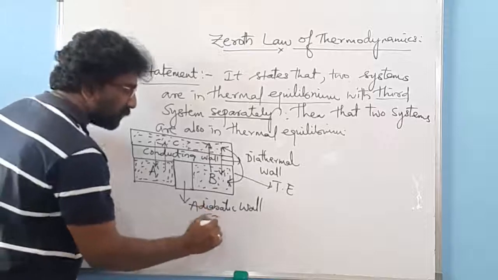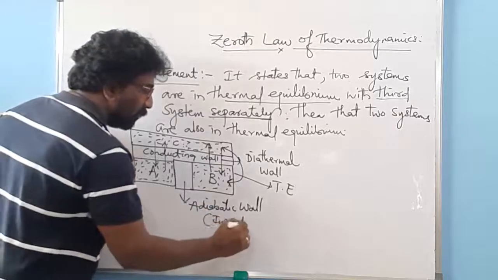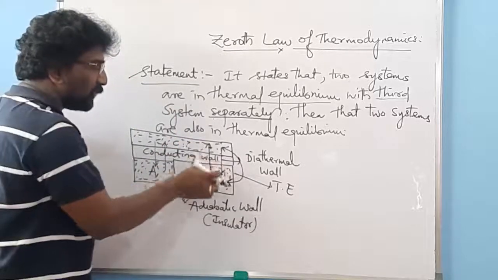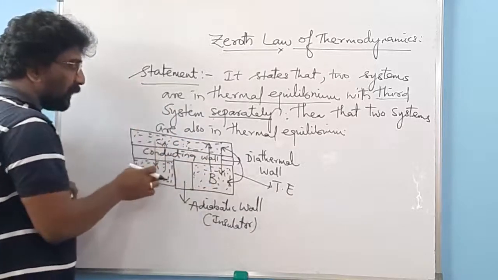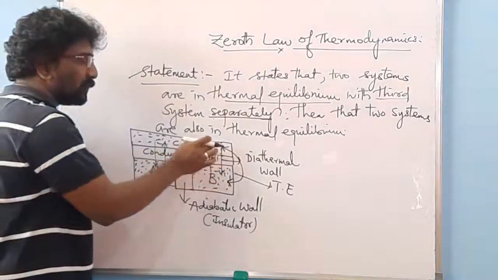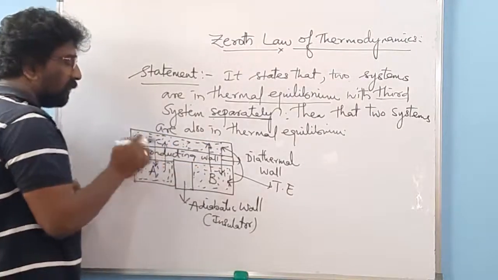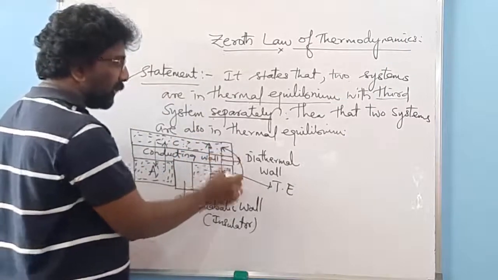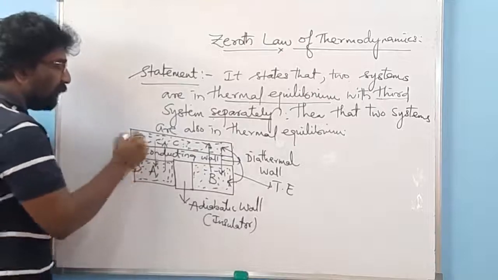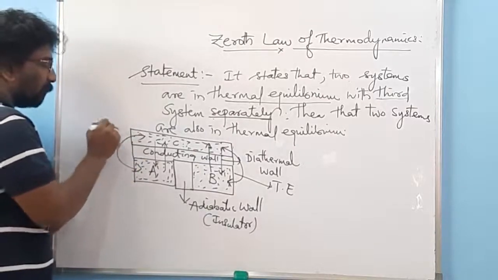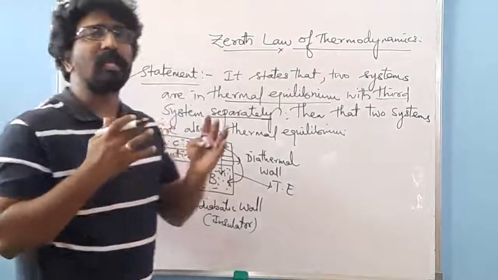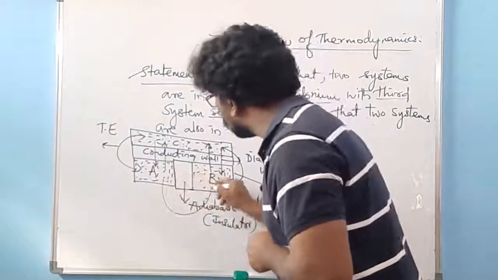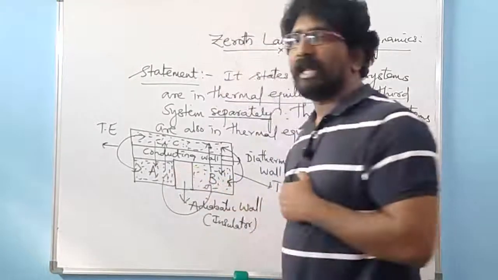It is an insulator, so you cannot expect any kind of heat transfer between A and B. There is a conducting wall between system B and C, and also between system C and A. So the heat transfer only takes place between C and B and also C and A. Because of this heat transfer, system C and B, and system C and A will come into thermodynamic equilibrium. Whenever these two are in thermodynamic equilibrium, then automatically systems A and B are also in thermodynamic equilibrium.